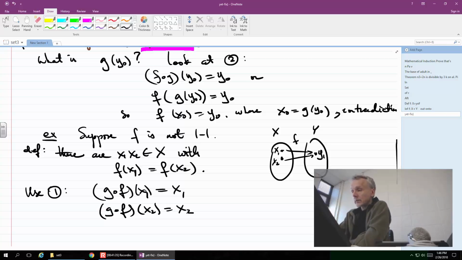I'm sorry, I forgot this crucial part. There are two distinct x1, x2 that the function f brings to the same value y1. Now, I use property 1 for x1 and for x2. You see a contradiction here?